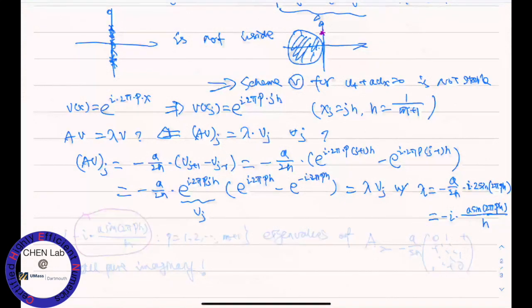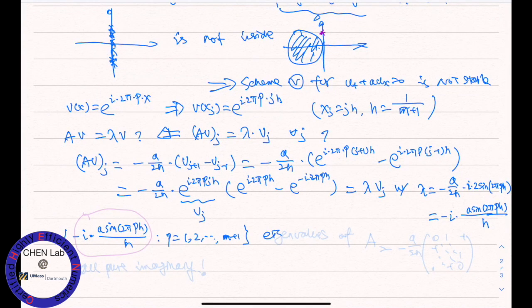So those are the eigenvalues, okay? Negative i, again, a sine 2 pi ph divided by h, all right? And this p can be equal to 1, 2, all the way to n plus 1.